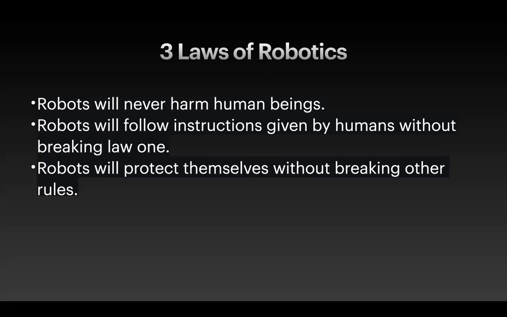You need to build a robot which only takes instructions from humans, from us. And that is what we are trying to do as well. So, again, robots will follow instructions given by humans, but without breaking law one, which means without harming another human being. I think that is clear, and if I'm too fast, please let me know.